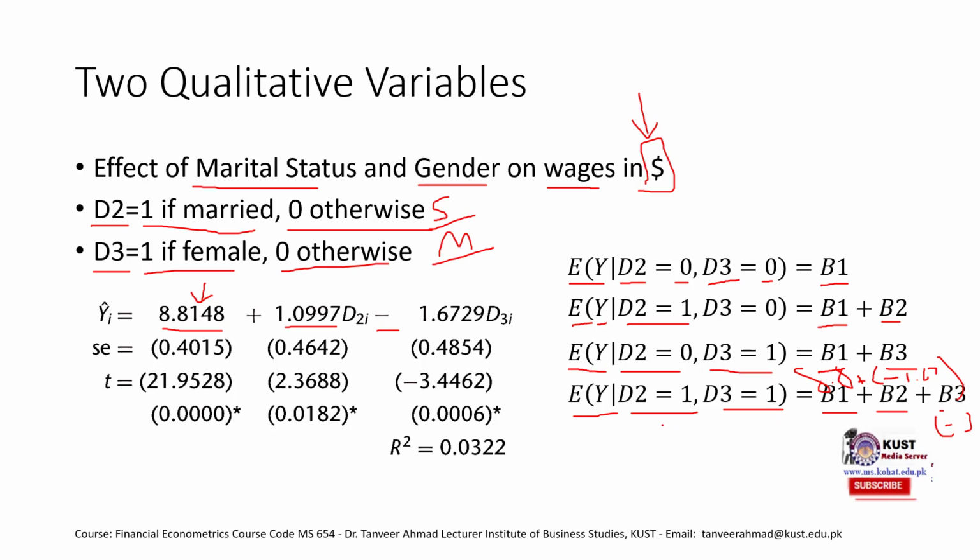So this would be the expected wage of the married female. So the main idea is that the base category would have the values of both the omitted categories. So if we had 3 categorical variables, all the omitted values would be in the base category.